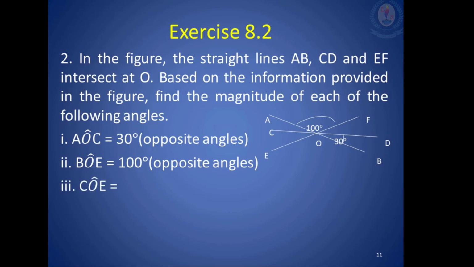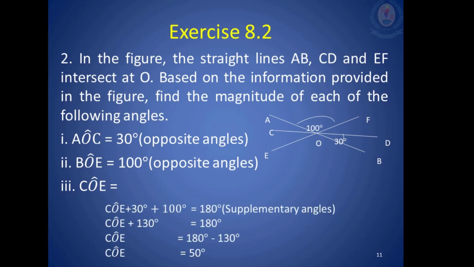Part 3, angle COE. We found the magnitude of the angle BOE is equal to 100 degrees. Then we can take angle COE plus 30 degrees plus 100 degrees is equal to 180 degrees. What is the reason? The sum of the magnitudes of the angles on a straight line is 180 degrees.